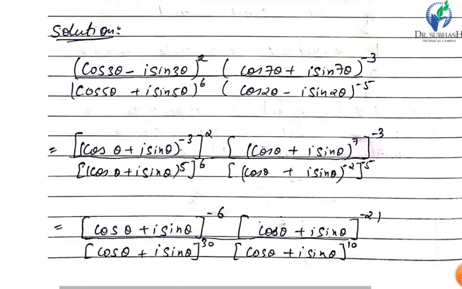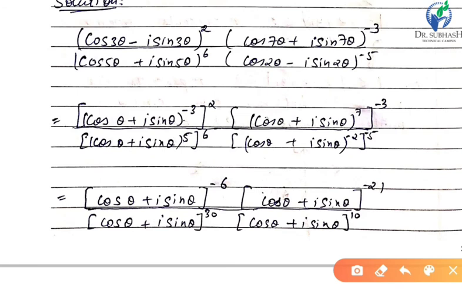Now we will use here De Moivre's formula. See, according to De Moivre's formula, (cos theta plus i sin theta)^n can be written as cos n theta plus i sin n theta. Now in the reverse form, we can also write cos n theta plus i sin n theta is equal to (cos theta plus i sin theta)^n. So here we have given the form cos 3 theta minus i sin 3 theta.